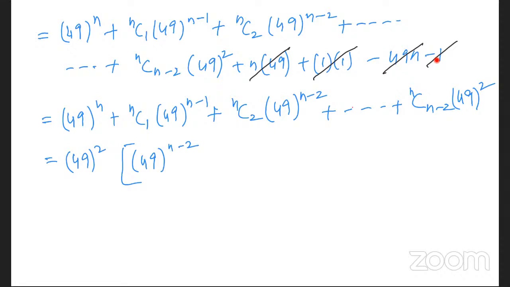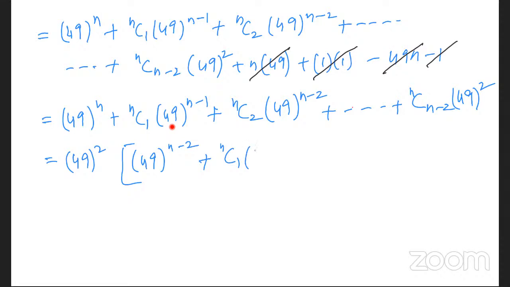If you take 49 square common, this will become 49 whole to the power of n minus 2. Then plus nC1 49 whole to the power of n minus 1 will become 49 whole to the power of n minus 3. In other sense, you can also multiply and divide by 49 whole square.